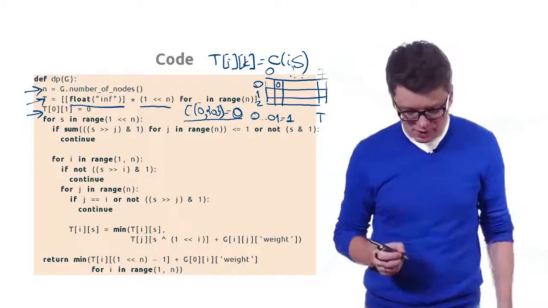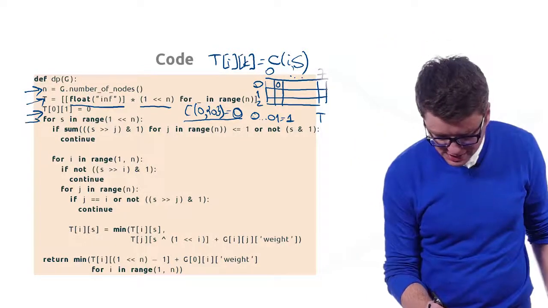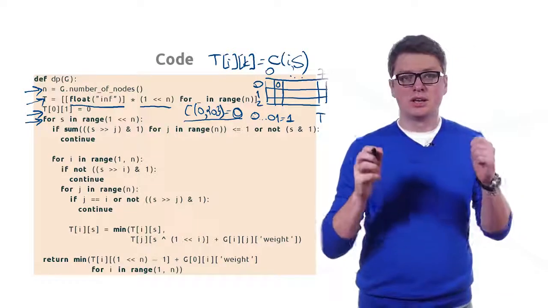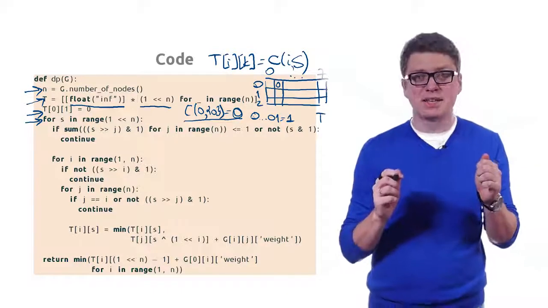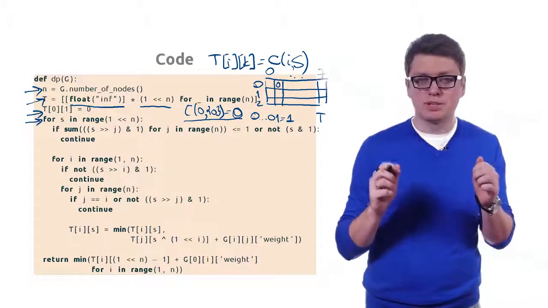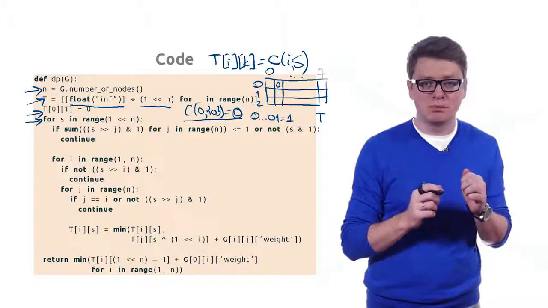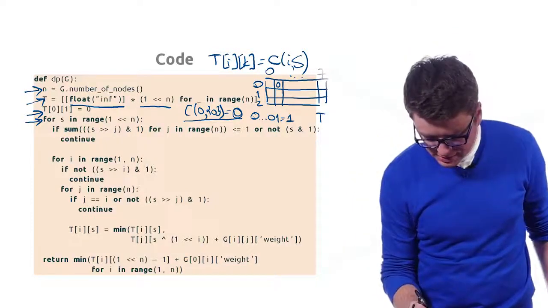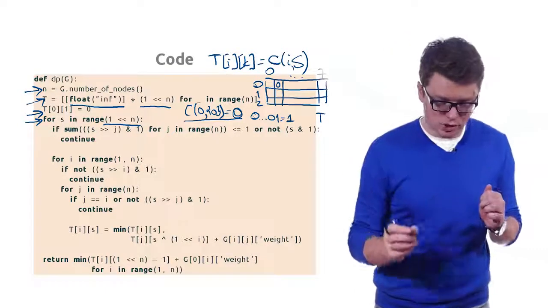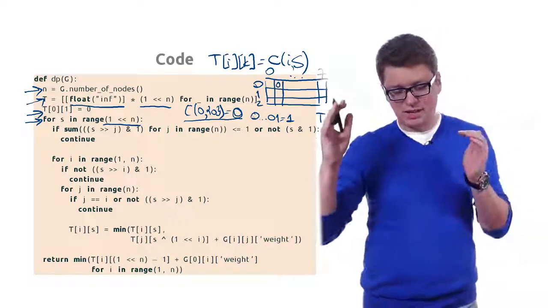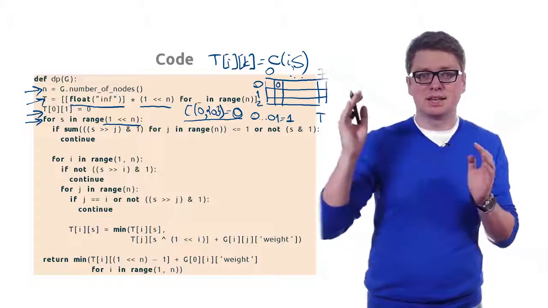Then what is happening in the next line is that we range through all sets, through all numbers S, starting from 0 and ending with 2 to the n minus 1. Once again, this is just 2 to the n, and recall that in Python the right boundary of the range is exclusive.